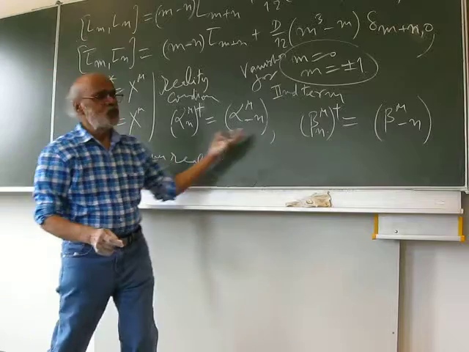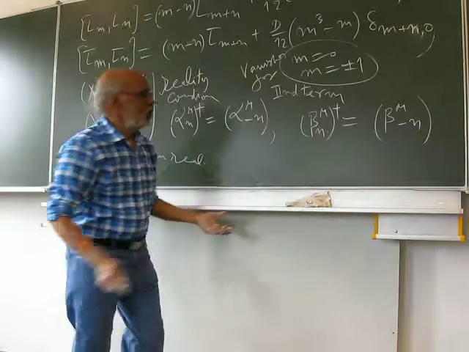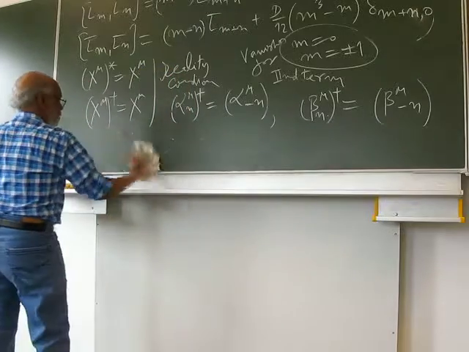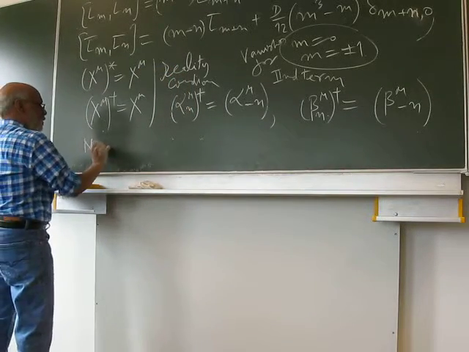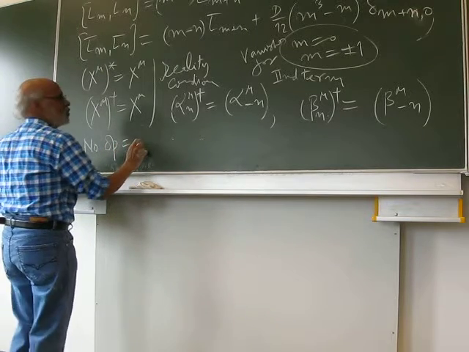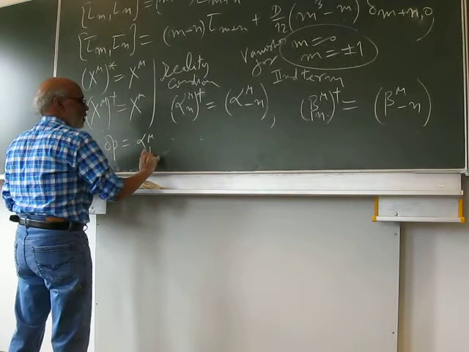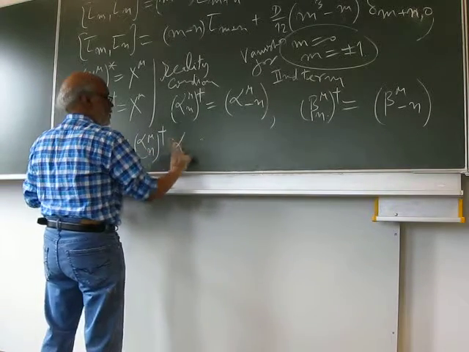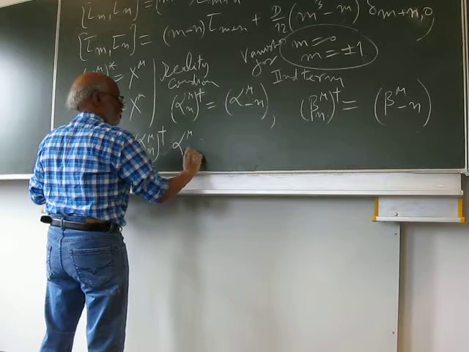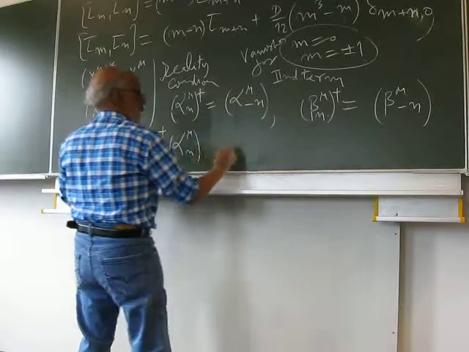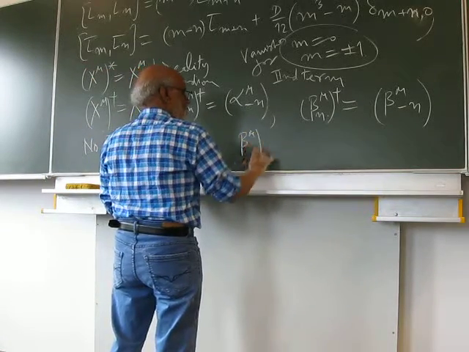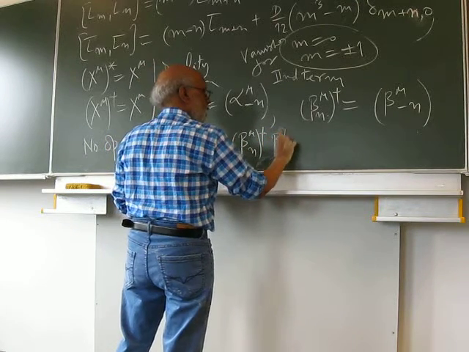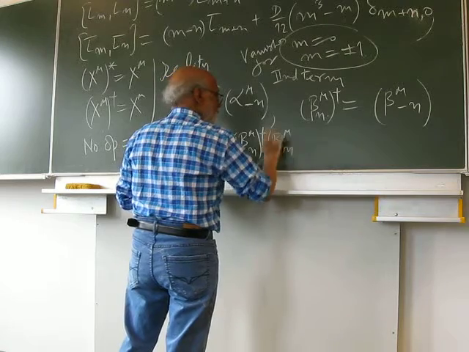So actually this would play an important role, and of course the number operator would be alpha^mu dagger times alpha^mu_n, and beta^mu dagger beta^mu_n.